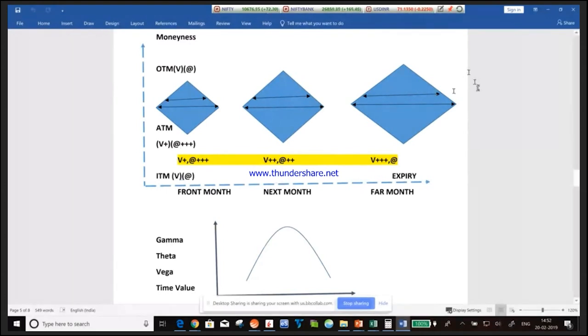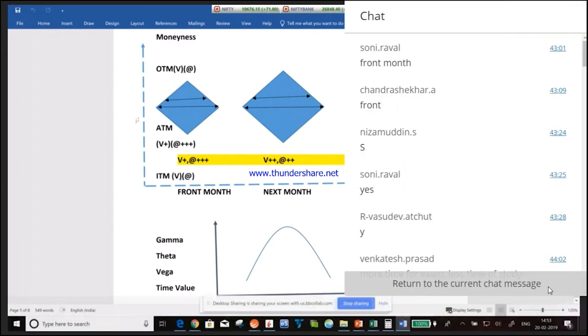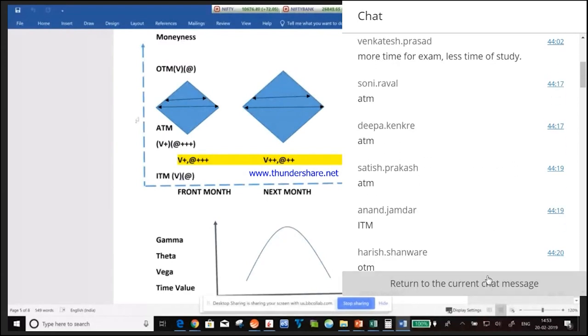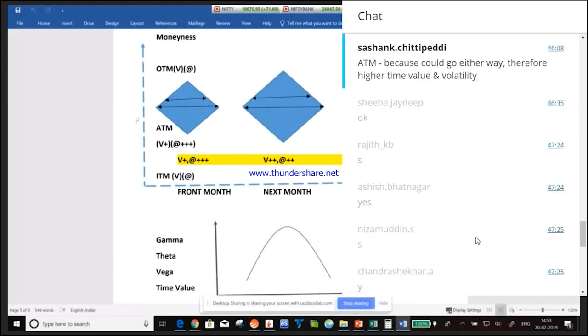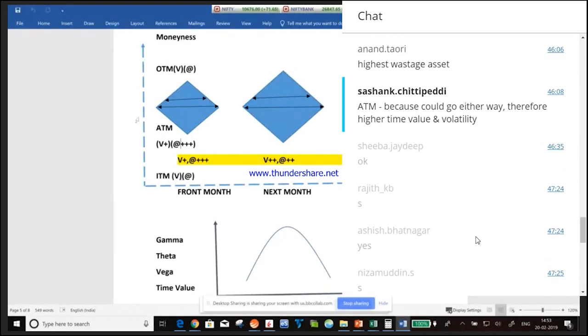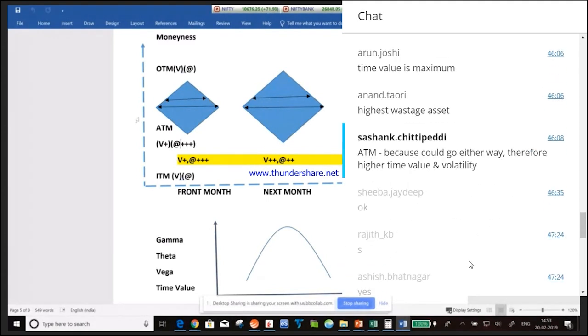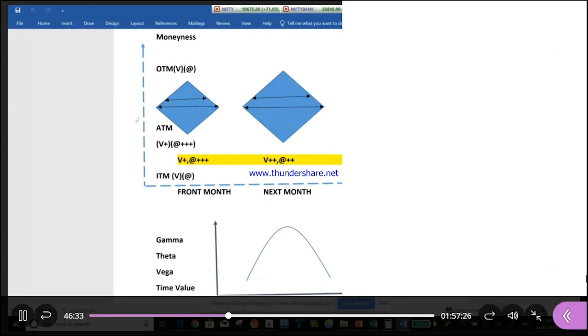If you take a look at the far month also, the at the money theta for far month will be more than the out of the money theta. Absolutely correct, because time value is the highest for at the money options. So whichever option has higher time value will also have a higher value of theta. Divya is right. Arun is right. Anand is right. Shashank is right.